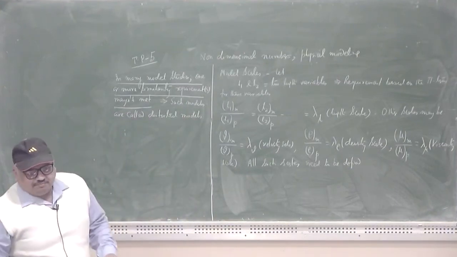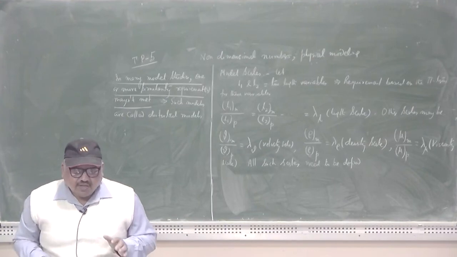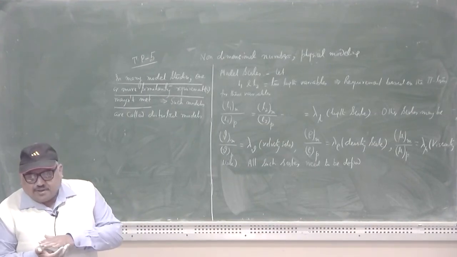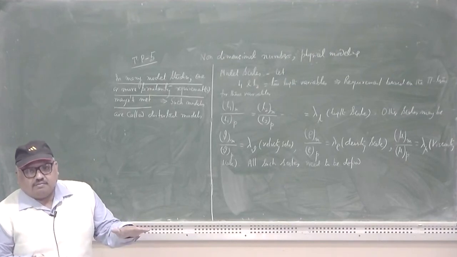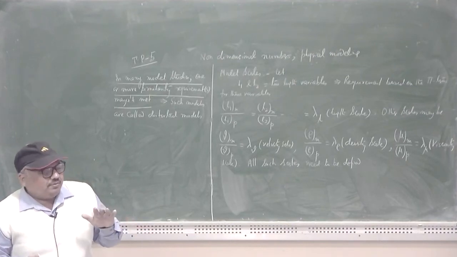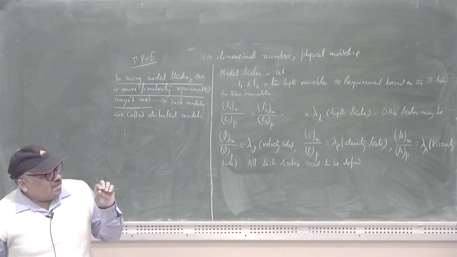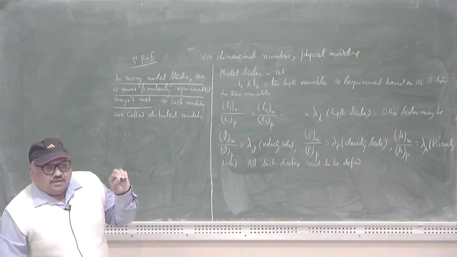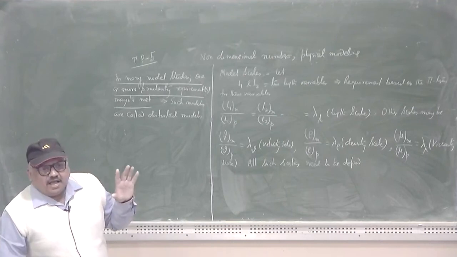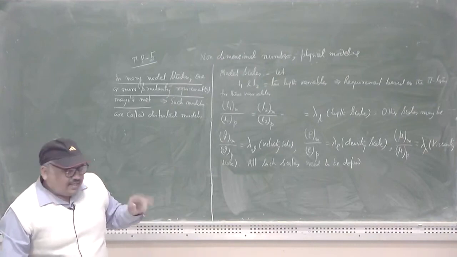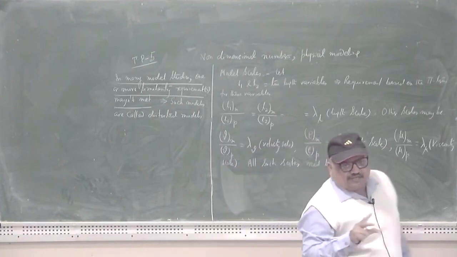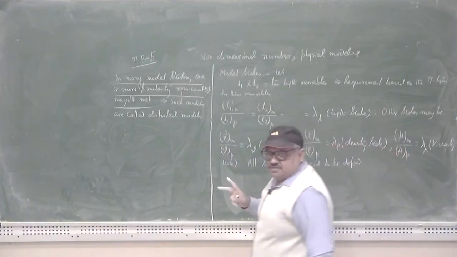As an example, if you are studying open channel flow in a river, if the depth of the water in the river is very high or very uneven, then it is impossible in that case to adopt the same scale ratio for every dimension.